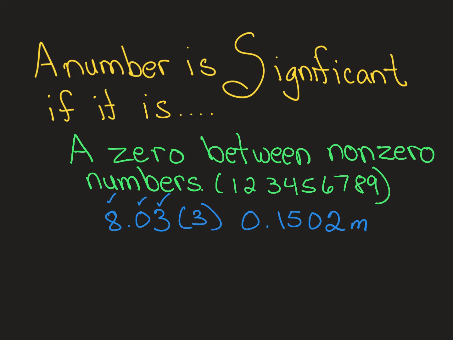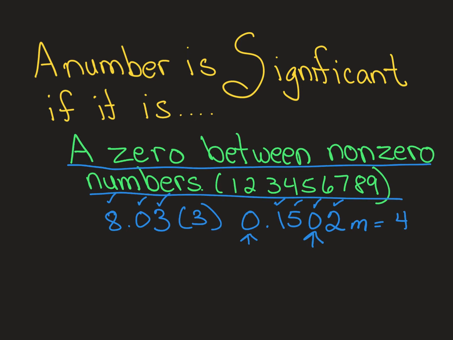A number is significant if it is a 0 between 2 non-zero numbers. So this first 0 is not between any numbers, so we don't count it. So you're counting 1, 2, 3, and 4. So this one has 4 significant figures. We do not count this 0 right here. We count this one. Why? Because of this rule. A 0 between non-zero numbers.